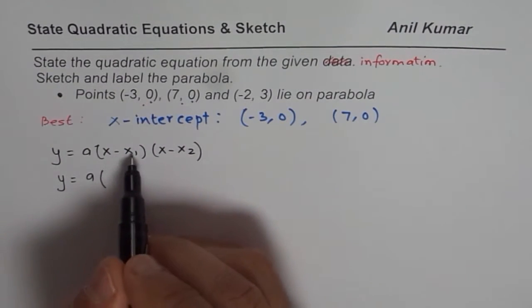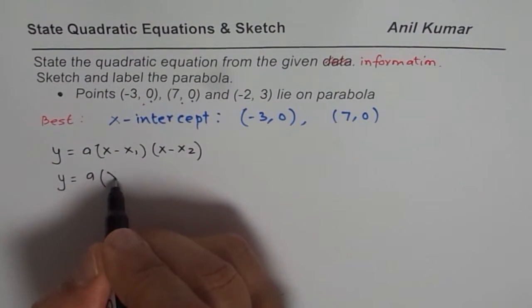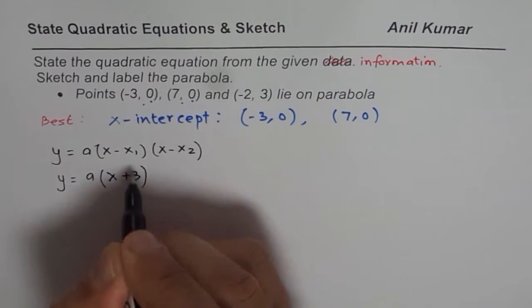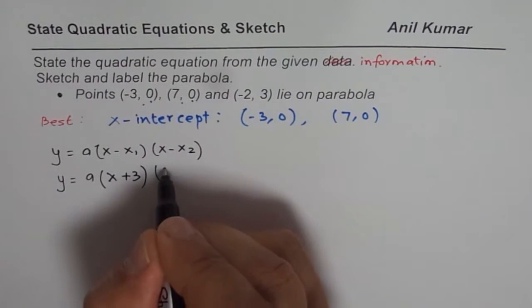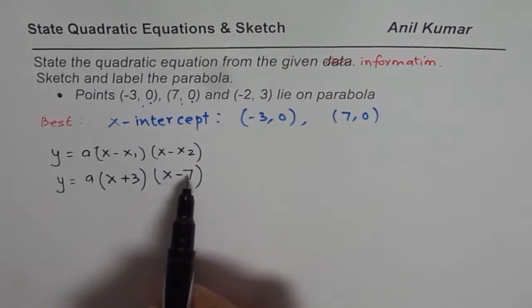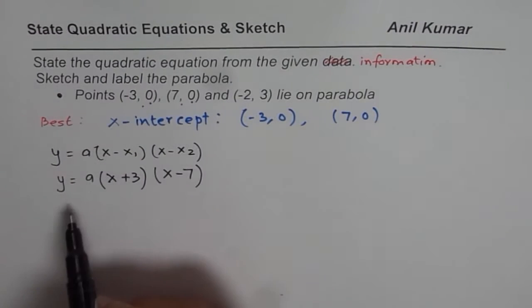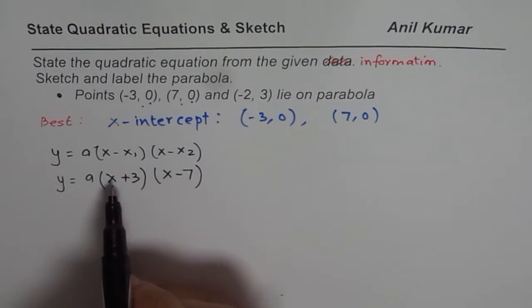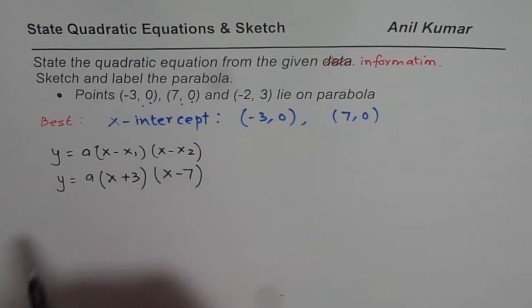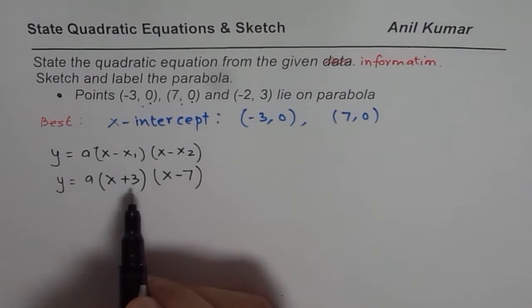So if I write minus 3 here, I get y is 0. So that is a factor. So I could write this as (x plus 3), because that minus 3 makes it positive, and (x minus 7). Now, if I write 7 here, the whole thing becomes 0, y is 0. If I write minus 3, then minus 3 plus 3 is 0. So we get y as 0. So that is how the x-intercept is good to use to write the equation in factored form.